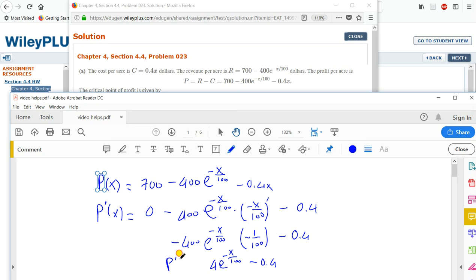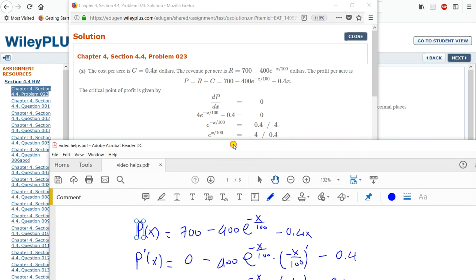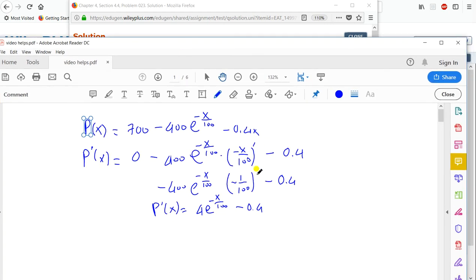So this is your P prime of x, or dp over dx, right? And then you just set this equal to 0 and solve for x. So set that equal to 0, then move 0.4 to the right side, then that's equal to 0.4, and then you solve for x.